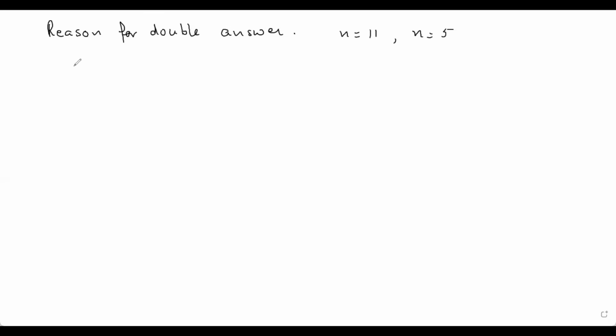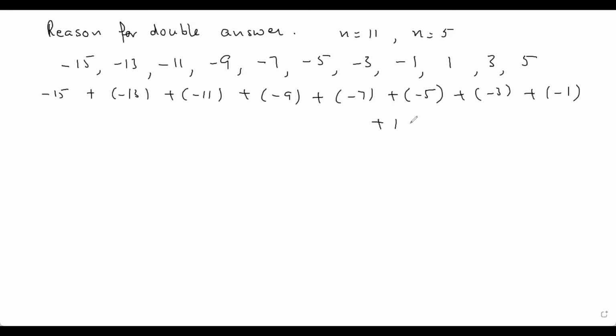Now I'm going to write one more reason for the double answer. Here n is 11, n is 5. So I'm going to write 11 terms: minus 15, minus 13, minus 11, minus 9, minus 7, minus 5, minus 3, minus 1, plus 1, plus 3, plus 5.